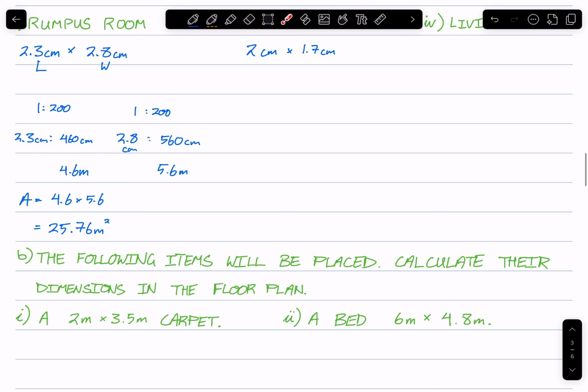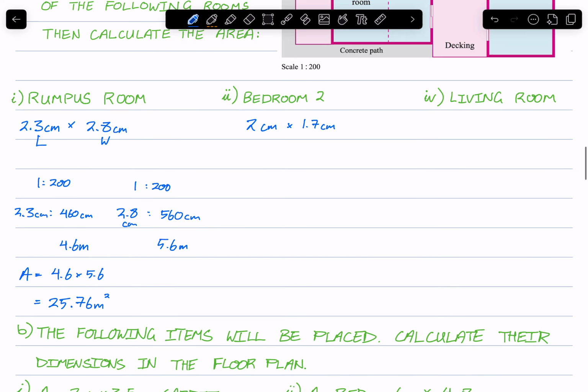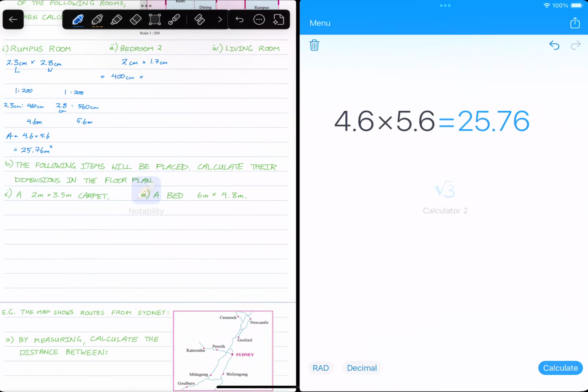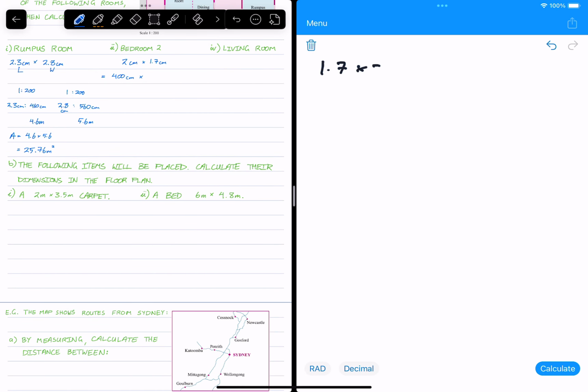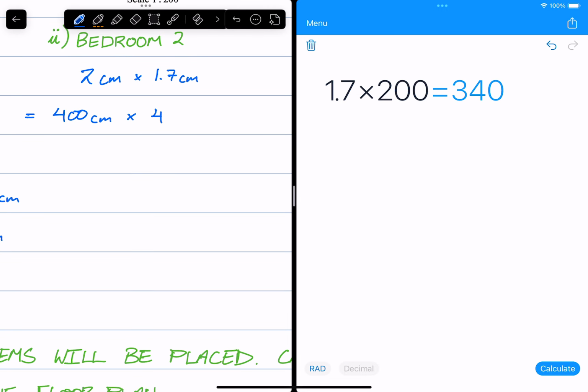Now it's again a matter of applying the scale. As we've seen, it's just a matter of multiplying 200 by the measurement that we got. Multiplying by 200 gets us 400 centimeters by 1.7 times 200, which gets us 340 centimeters, which in meters is 4 by 3.4.